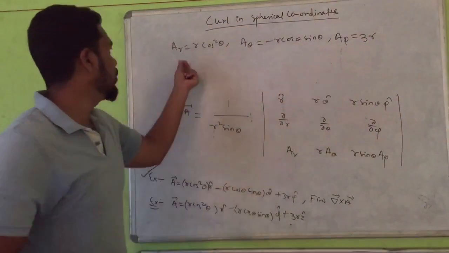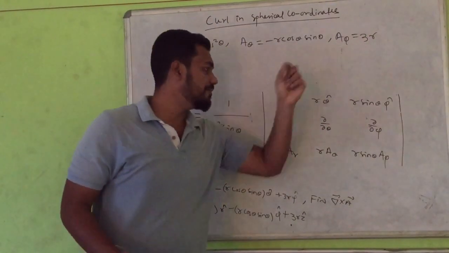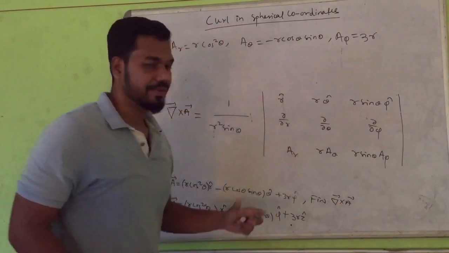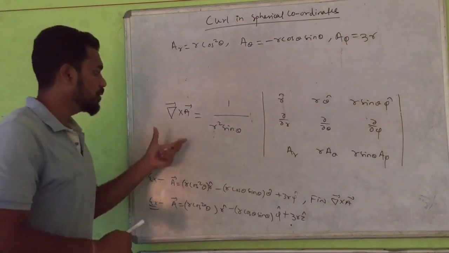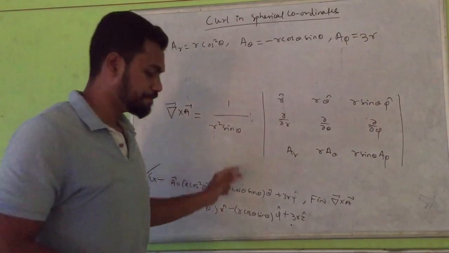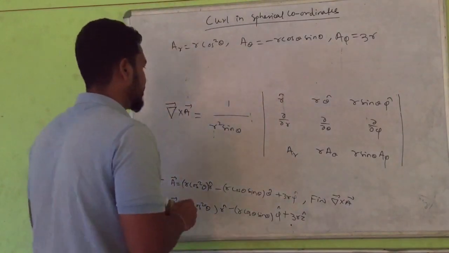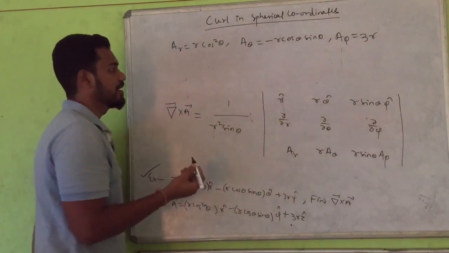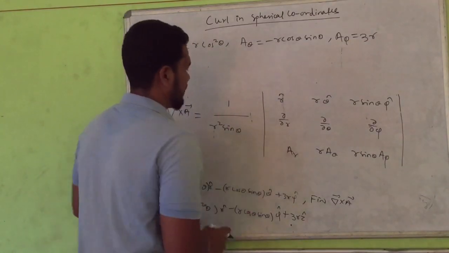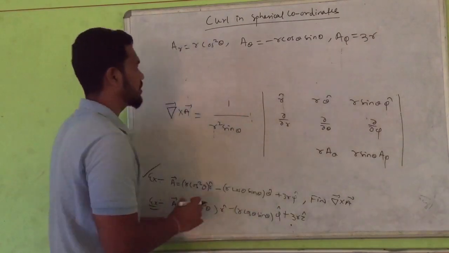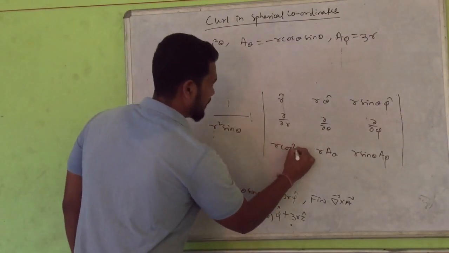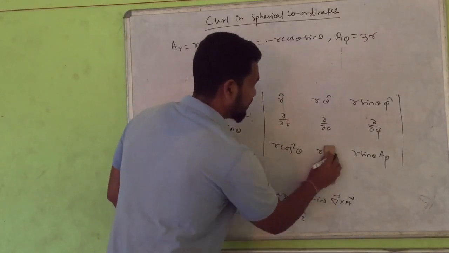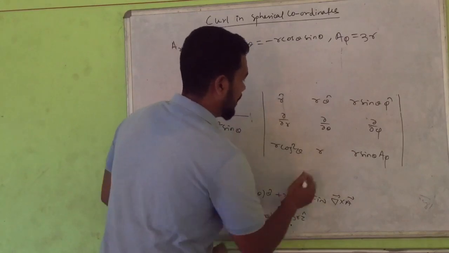So put the values of A_r, A_theta and A_phi in the given formula to find the curl of a vector A. If I substitute the values of A_r, A_theta and A_phi directly in this formula, I can write here A_r is equal to r cos square theta.